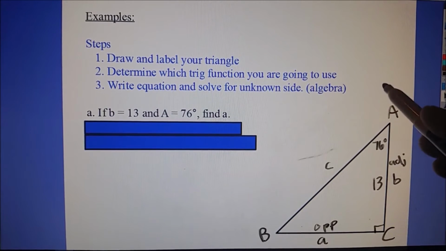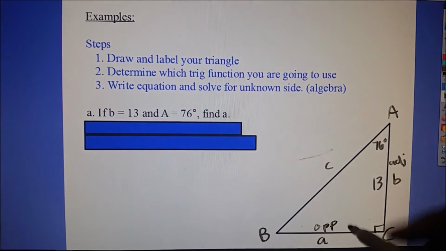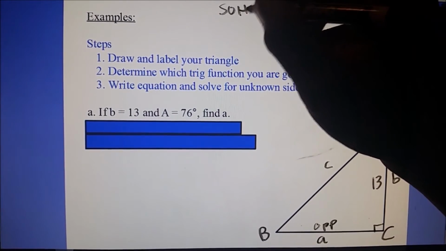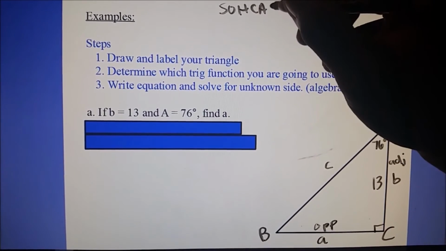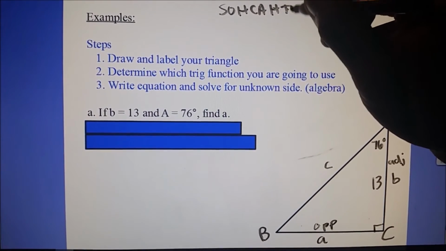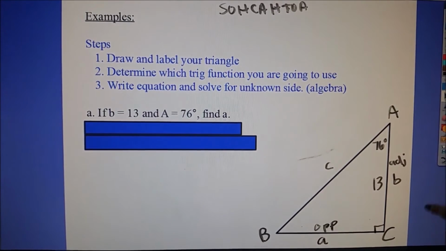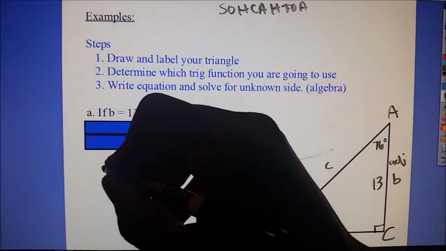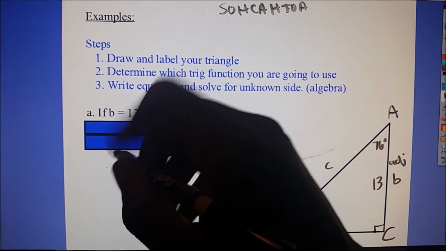So step 2, it says determine which trig function you're going to use. So if you guys don't have this memorized, and I'll be sorely disappointed if you don't, what trig function talks about opposite and adjacent? Tangent, opposite, adjacent. So go ahead and set your equation up.